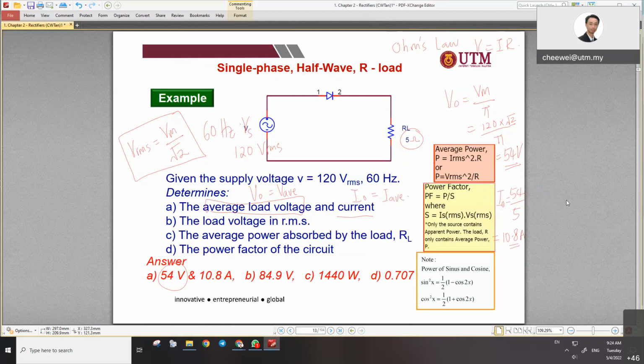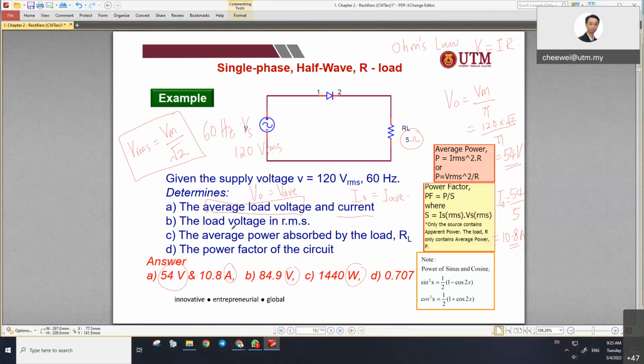Another reminder: the unit is very important. If you don't have the unit, normally I will cut half the mark. If you put 10.8 but the ampere is not there, then half mark is for me. So I collect more marks for the units. Make sure you have all the units: watt, volt, amps.